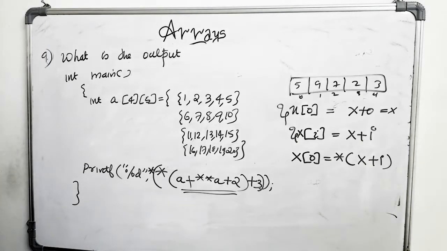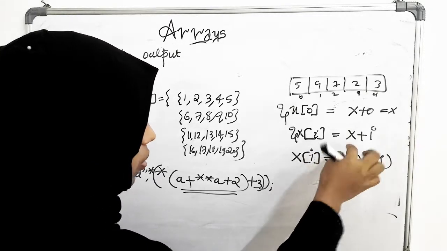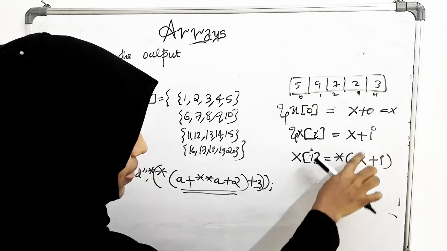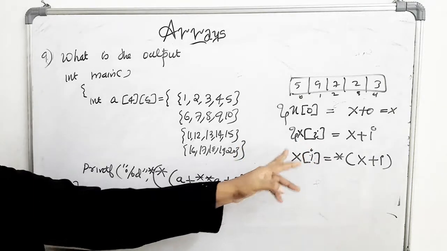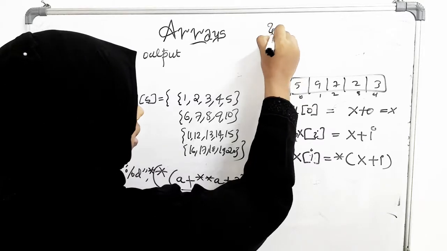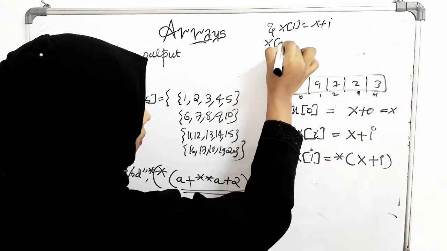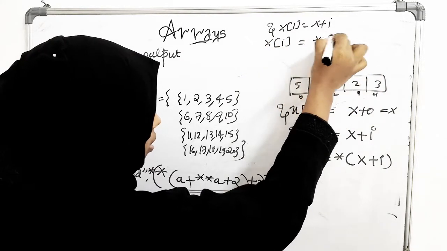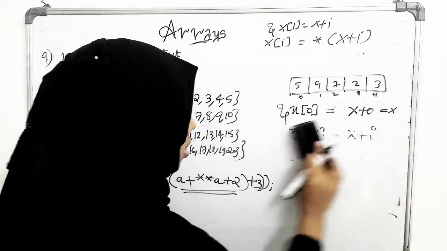These are the two things you have to keep in mind: ampersand x of I is equivalent to x plus I, and x of I, the element at the ith index, is equivalent to star of x plus I. To indicate value we can use star, to indicate address we can use ampersand. Keeping this in mind, we will try to crack this question.